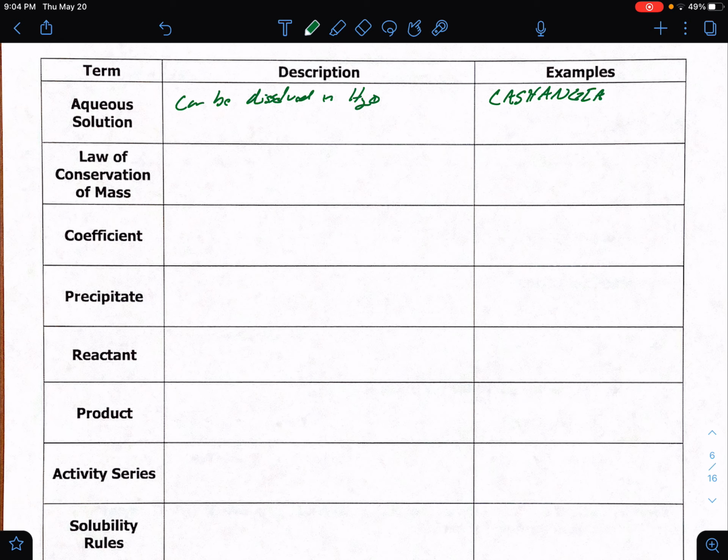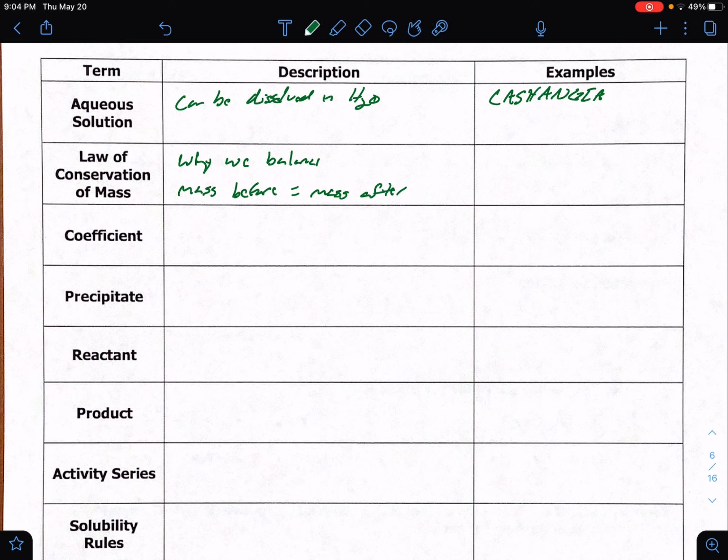Law of conservation of mass. This is basically why we balance. Mass before has to equal the mass after. So if I have 3 hydrogens before on the left side of the reaction, I better have 3 hydrogens on the right side.